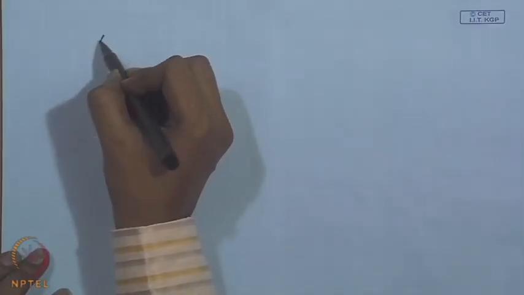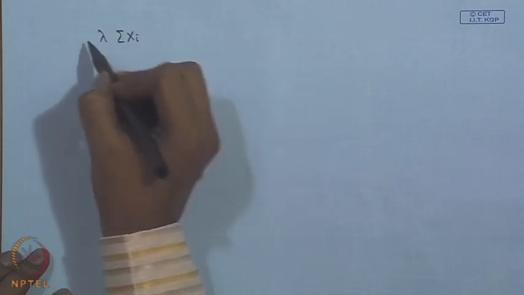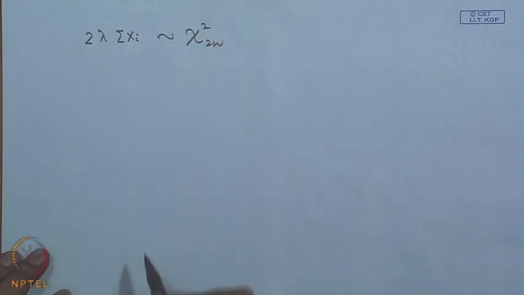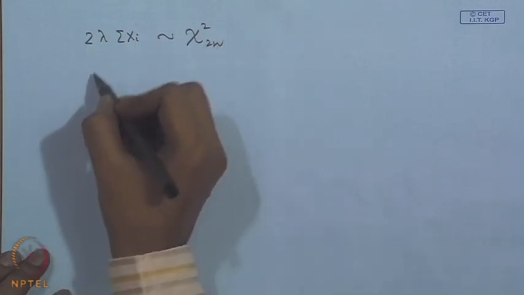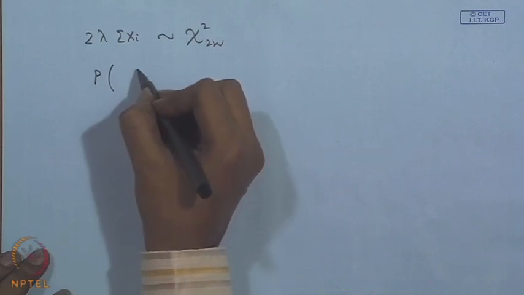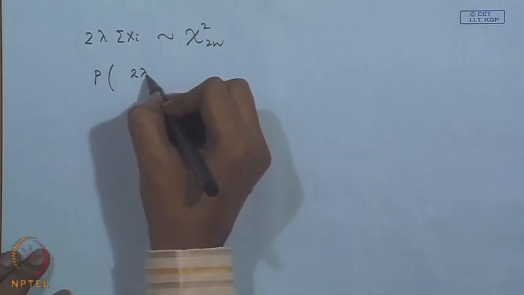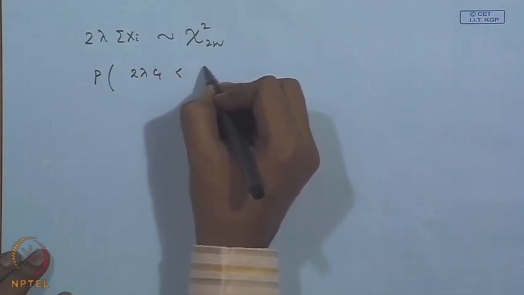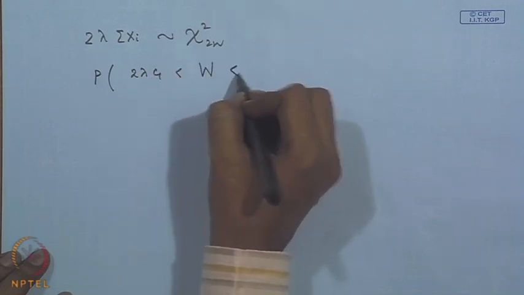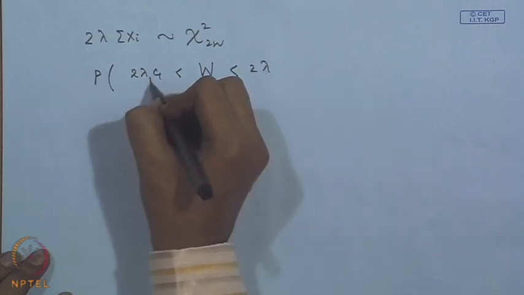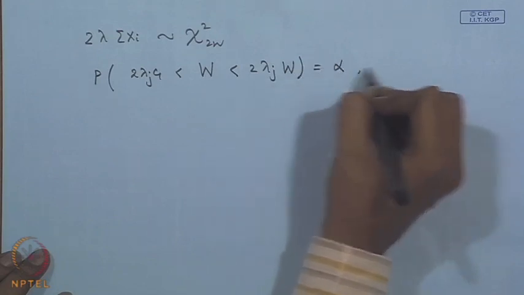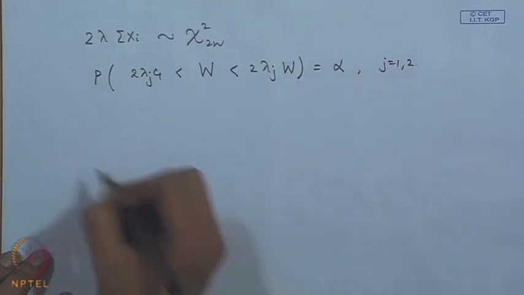Now, we can see that lambda times sum x i, and if I take 2 times that, it will have a chi-square distribution on 2n degrees of freedom. So, we can write down these conditions: probability of twice lambda j C 1 less than w, this is a variable, less than twice lambda j C 2, this is equal to alpha for j equal to 1, 2.